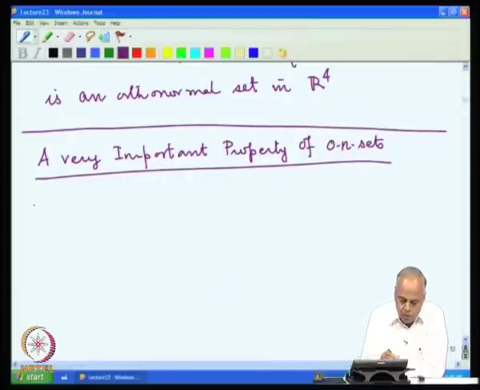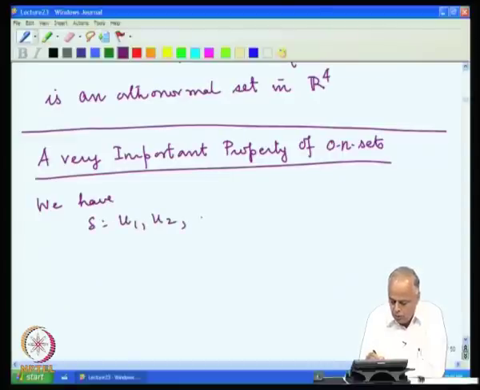So, suppose we have S = {u1, u2, ..., ur}, an orthonormal set in Rk.